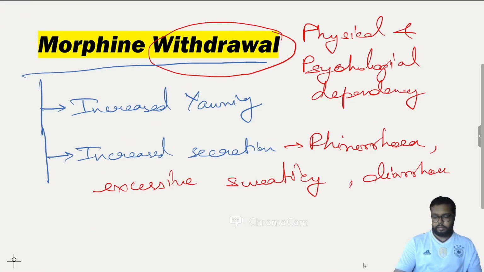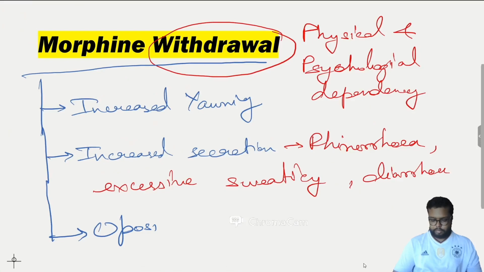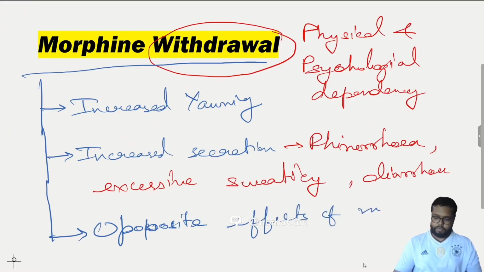Along with these, we have the opposite effects of morphine. Instead of miosis or pinpoint pupil, we are going to see mydriasis. So we will see the opposite effects of morphine.